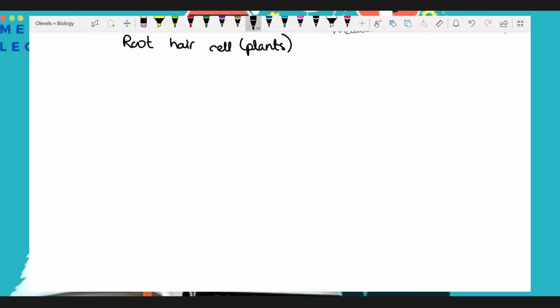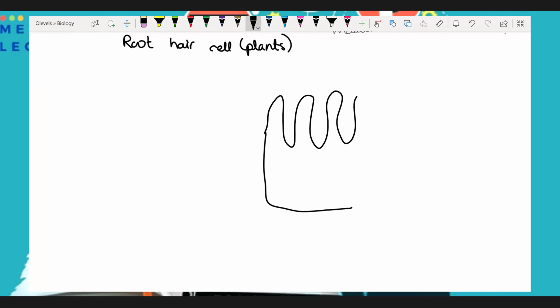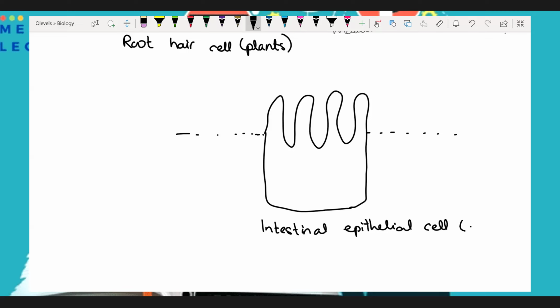Now the other example was of an intestinal epithelial cell in animals.